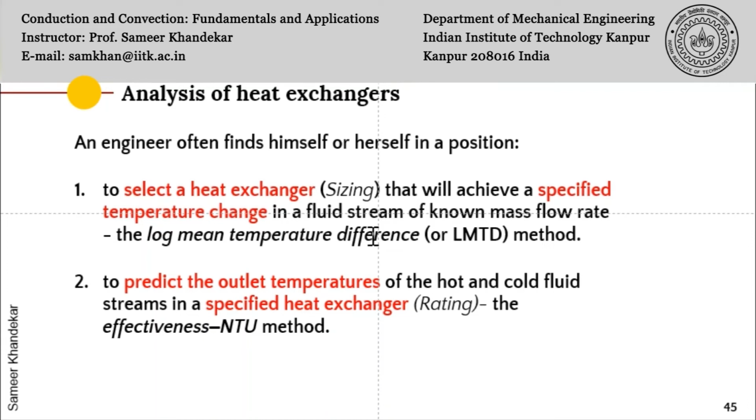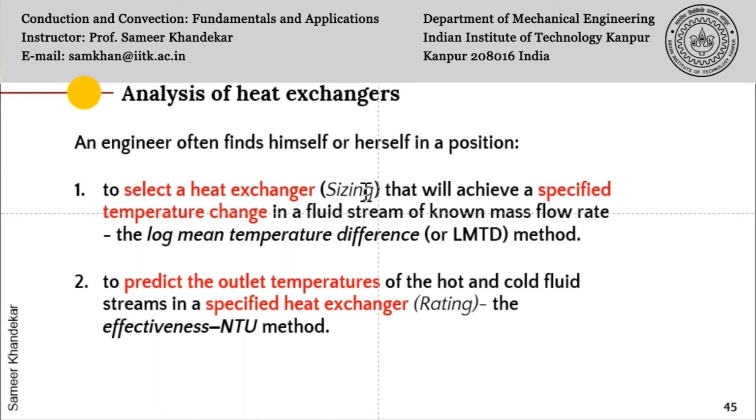So we will of course spend a considerable amount of time on understanding this LMTD method. You already know the definition of LMTD. We will again go through it quickly in the next lecture, and then apply this method to find out how we can do the sizing of a heat exchanger.